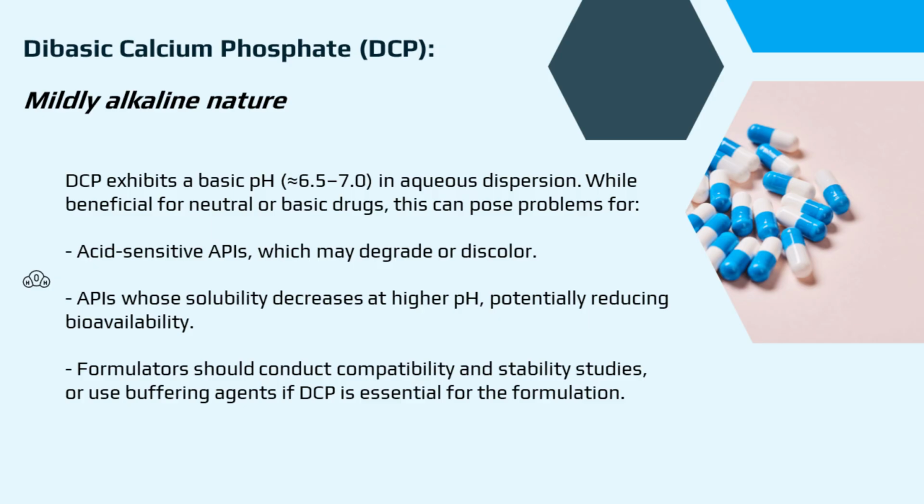Furthermore, for drugs whose solubility decreases at higher pH, the use of DCP might reduce bioavailability. Therefore, when formulating with DCP, compatibility and stability studies are essential. If necessary, buffering agents or pH-modifying excipients can be employed to maintain drug stability and performance.